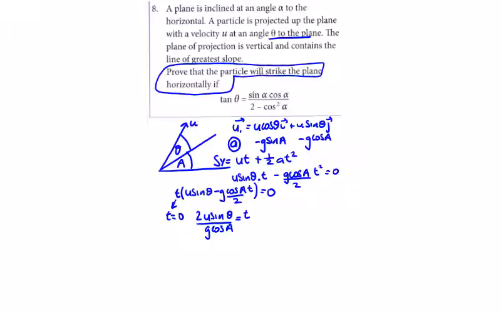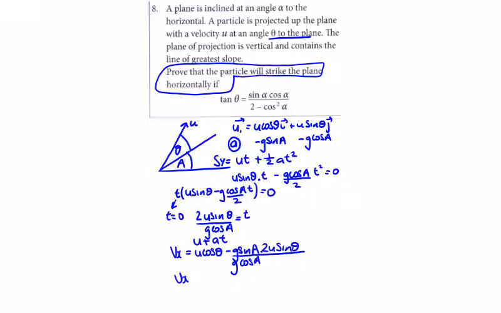Both velocities need time. v of x is equal to u plus at, so u cos theta minus the acceleration, which is g sine alpha, by time, which is 2u sine theta over g cos alpha. Line them up.